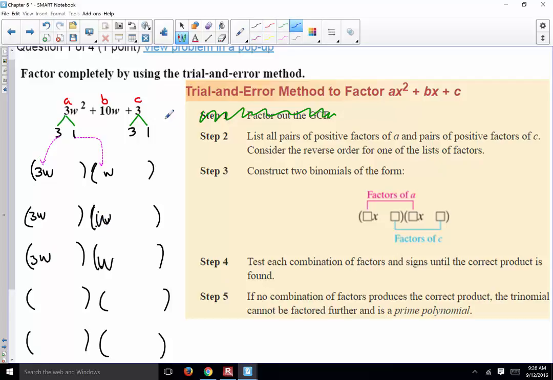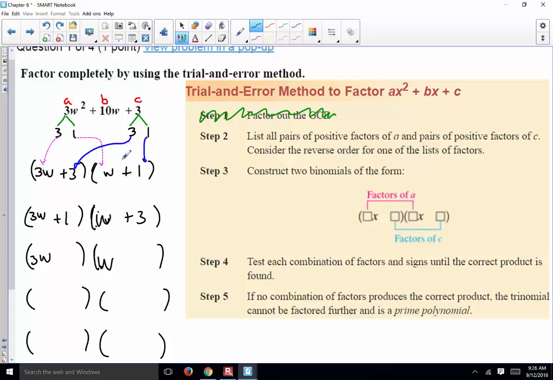Second, we are now going to put these numbers to the right. Now, the question is, what kind of signs do you have here? It can be positive 3, positive 1, negative 3, negative 1. Oh, wait a second. I used positive 3, positive 1, but is it always the same order? No, I can take 1 to the right and 3 to the left, or 1 to the left and 3 to the right, okay?